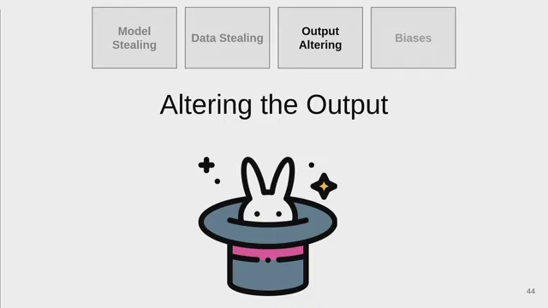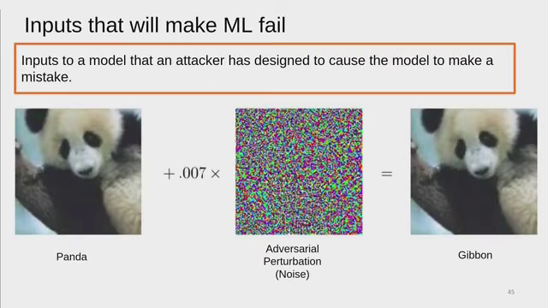We're now going to move on to the next step, altering the actual output that was used. Now, this is an interesting angle where people try to make machine learning fail. By sending certain queries to a machine learning system, the attacker is trying to influence the outcome of the machine learning system. In this example, the machine learning system, by looking at the picture on the left, would classify this animal as a panda.